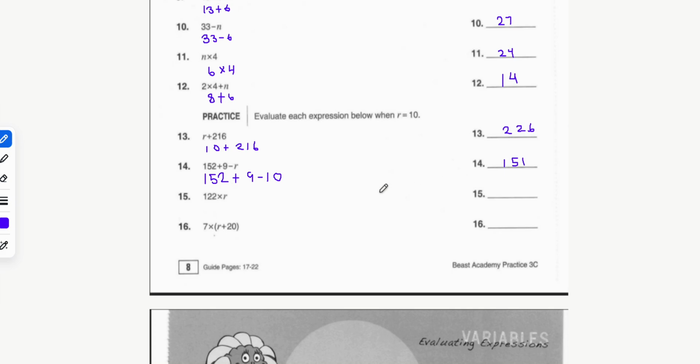So when r equals 10, the expression 122 times r is equal to 122 times 10. 122 times 10 equals 1,220.